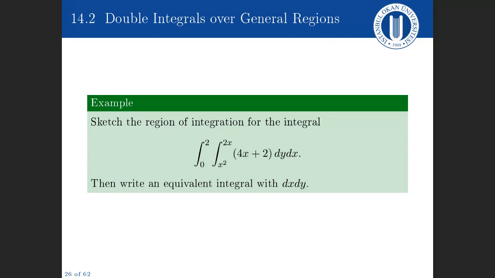Sketch the region of integration for the integral from 0 to 2, integral from x squared to 2x, 4x plus 2 dy dx. Then write an equivalent integral with dx dy.